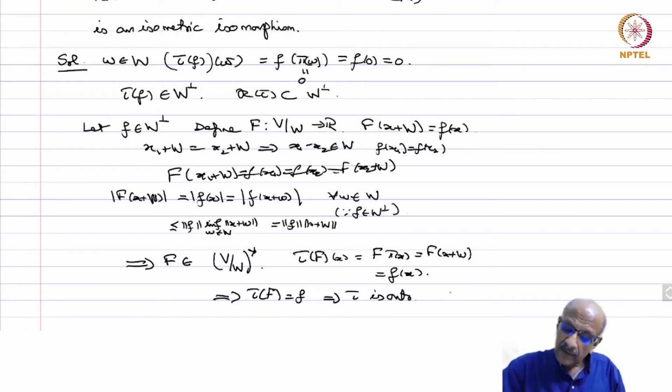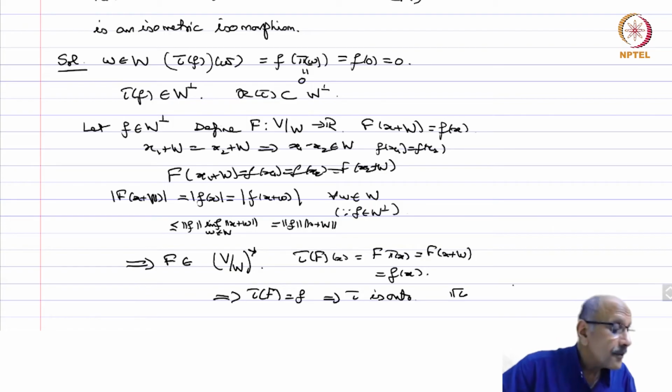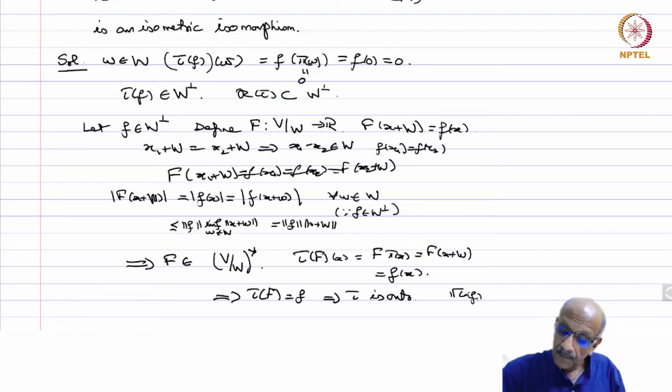And you also have that norm tau of F is less than or equal to norm F, because tau F of x is F of x plus W, okay.